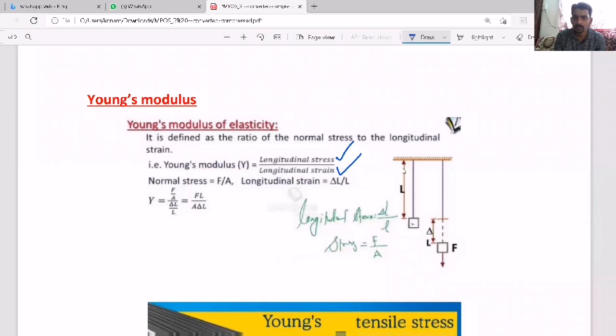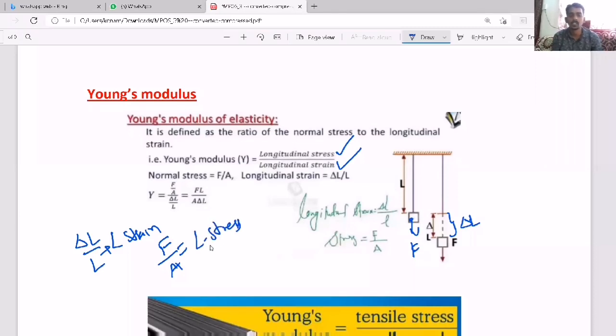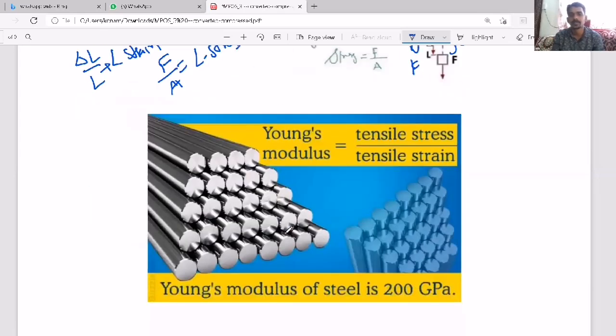Here I have shown that when you apply some force, the length increases by some amount delta L, where L is the initial length. Then delta L by L is the longitudinal strain, and force by area is the longitudinal stress. So it is longitudinal stress by longitudinal strain, or tensile stress by tensile strain.